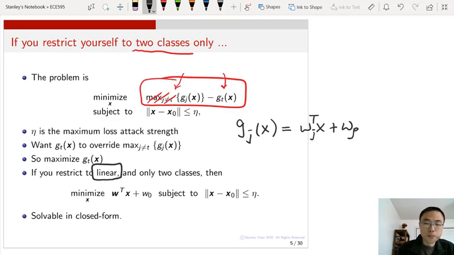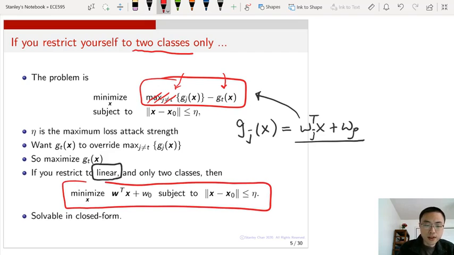If you plug this into the objective function, you can show that the problem simplifies to a very simple problem, where the objective function is linear, with a constraint that a norm is applied to the difference between x and x0. This is nothing too different from a standard quadratic minimization problem, and therefore we should expect to have a closed form solution.